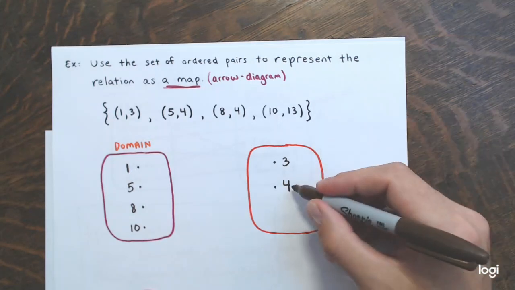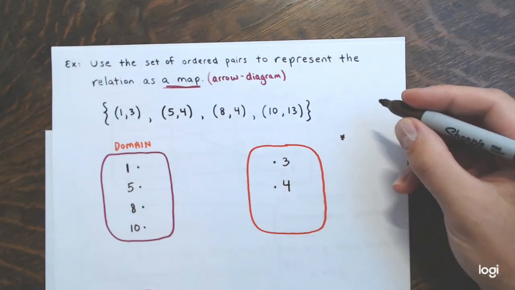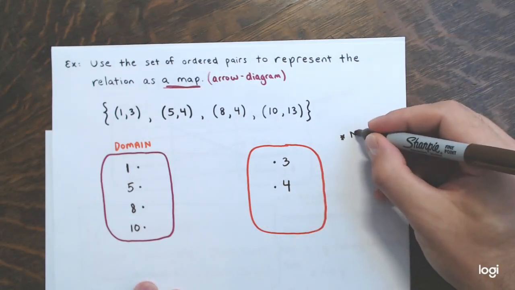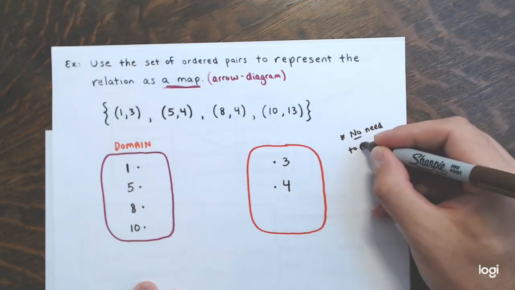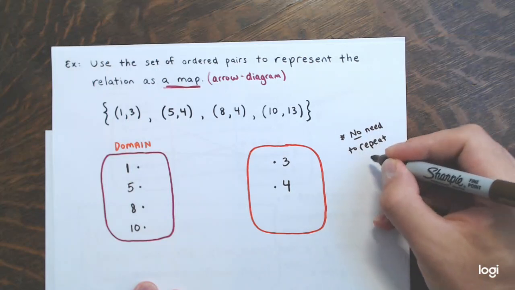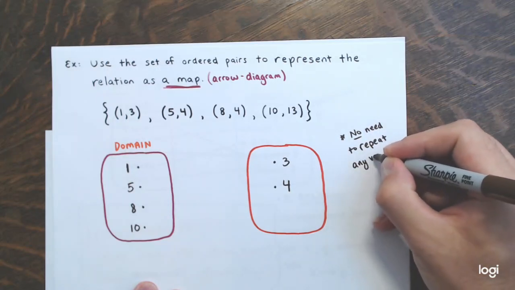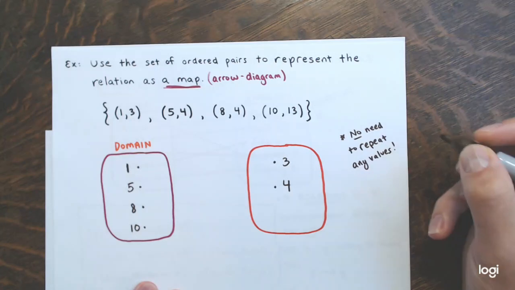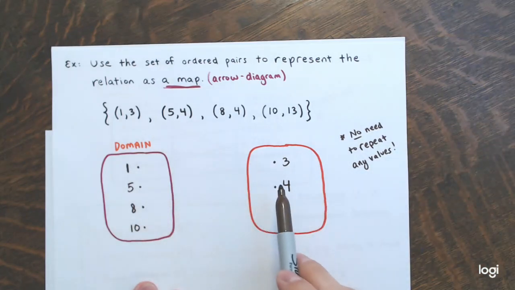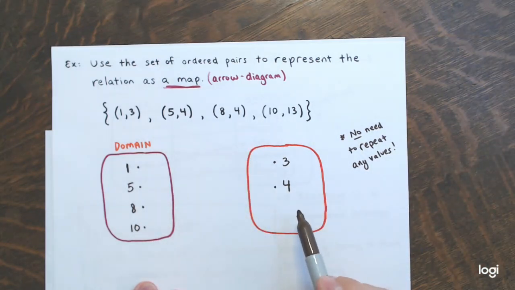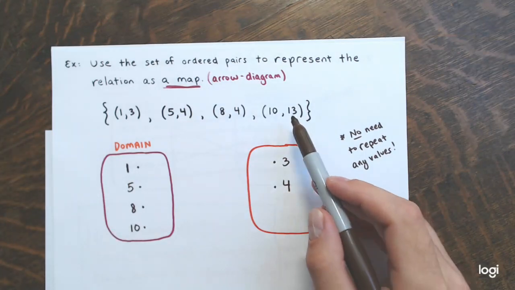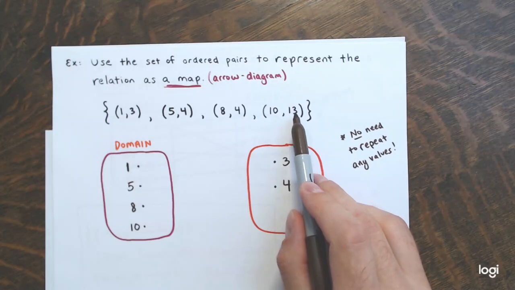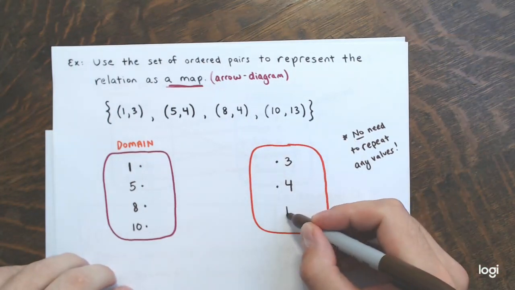No need to write repeats, or to repeat any values. Because I said here 4 was in the second set, there's no reason to write another 4 because I've already got 4 in that set. Okay. And then the last ordered pair, the number 13, indicates that the number 13 is in the second set.